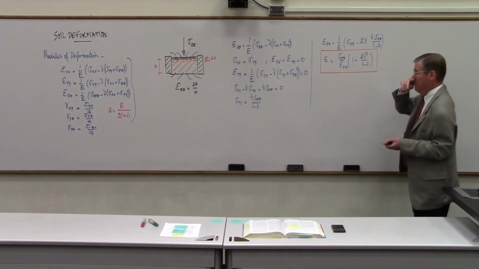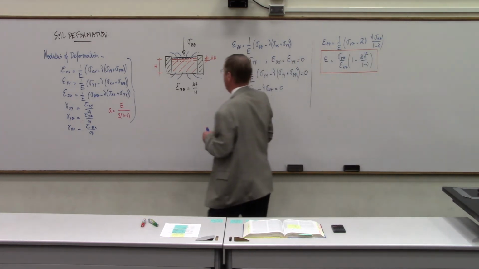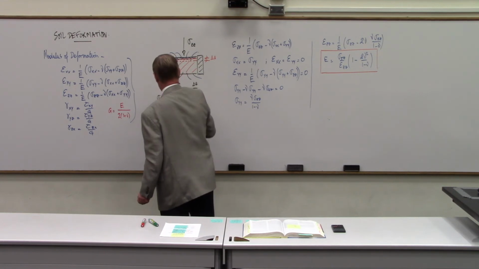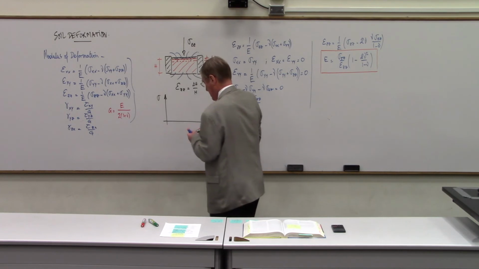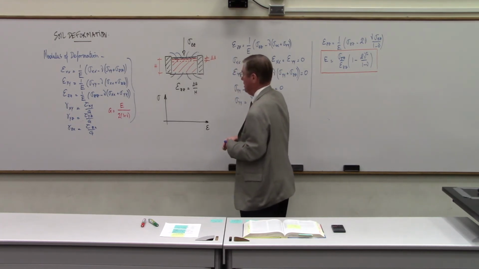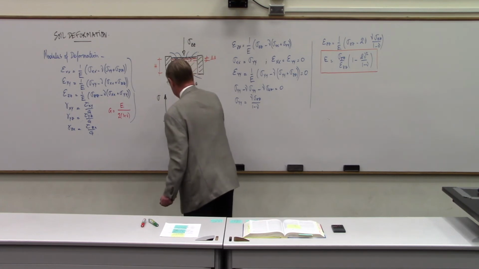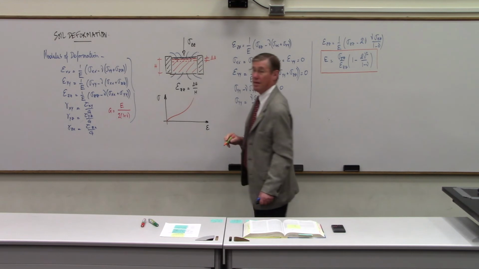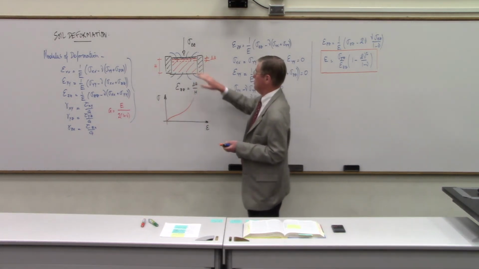Now, the curve that you get from this test will be sigma versus epsilon. If you were to plot that curve on natural scale, it looks something like this, and it curves up. We'll come back to this; this is the influence of the ceiling.